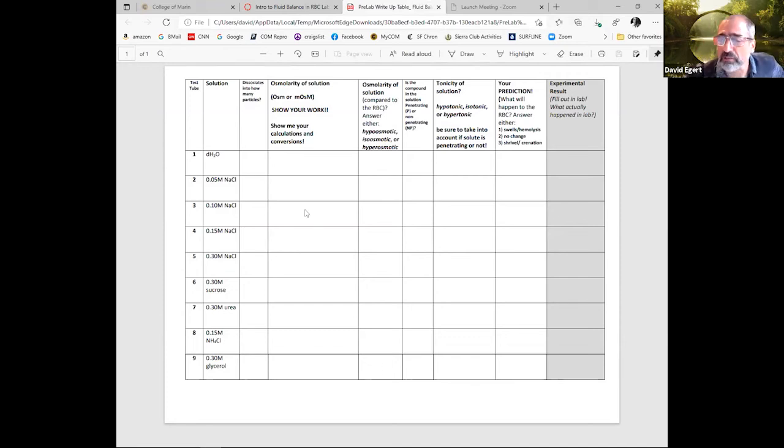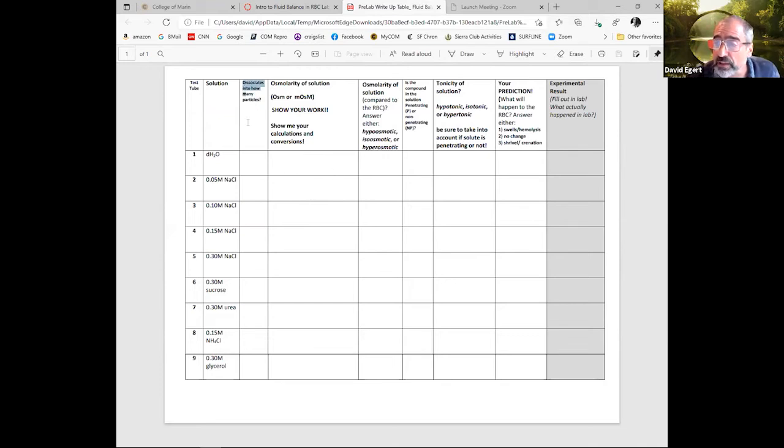Don't actually print this out and type it in. You can make this chart yourself in your lab book, but basically we're going to have different kinds of solutions, and you have to predict what's going to happen to the blood cells when they go into these different solutions. So this PDF here is just to try to hold your hand as you start thinking about this.